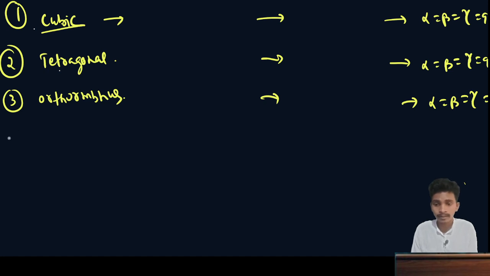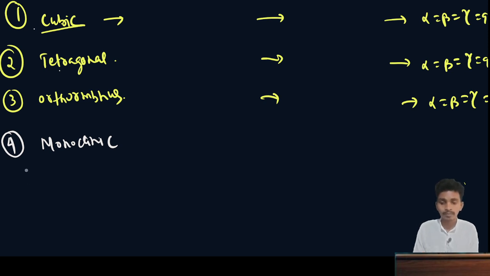Then for those which do not have 90 degree angles, first we write monoclinic, then triclinic. For monoclinic, alpha equal to beta, but gamma is not equal to 90 degree. For triclinic, alpha is not equal to beta, not equal to gamma, and gamma is also not equal to 90 degree.